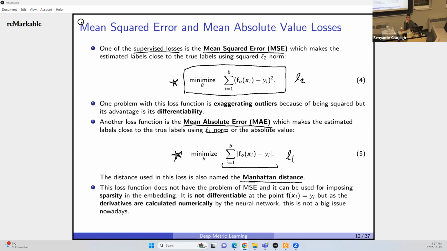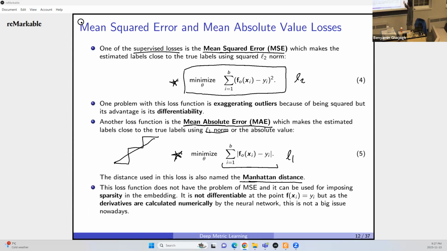Why? Assume you are in Manhattan city, and for going from one point to another in this city, you need to go through the streets, and the streets are like this, not like this. It becomes the L1 norm. Where were we?